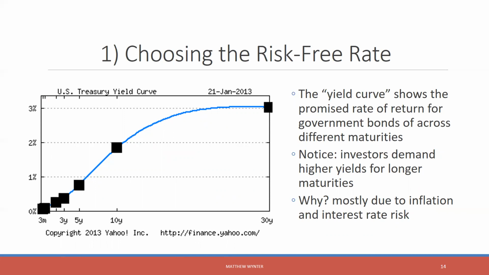Why do you think an investor would demand a higher yield for a longer maturity? Well, obviously, because there's inflation risk. If I'm holding a bond for 1 month versus holding a bond for 30 years, I'm much more concerned about inflation over the course of 30 years.